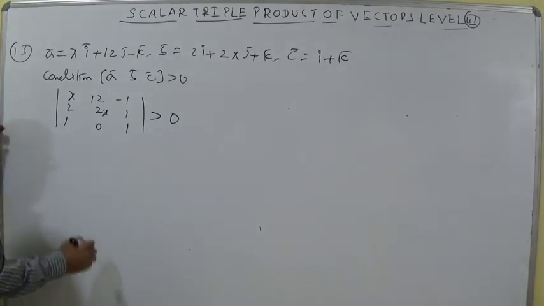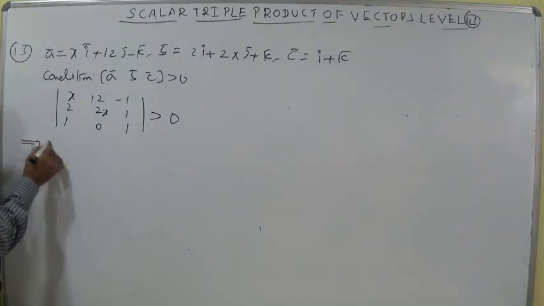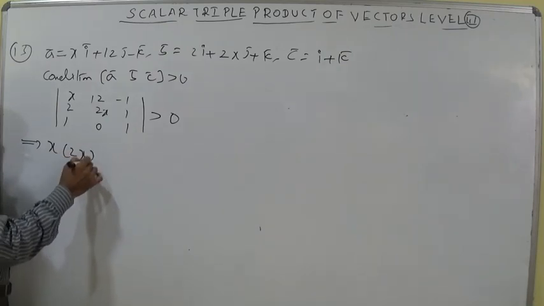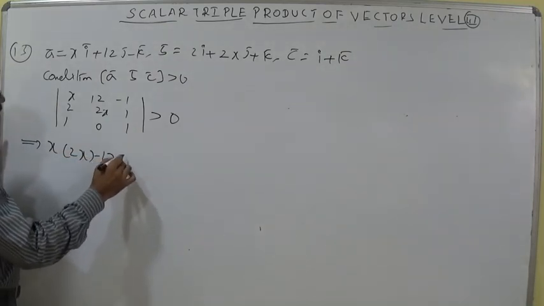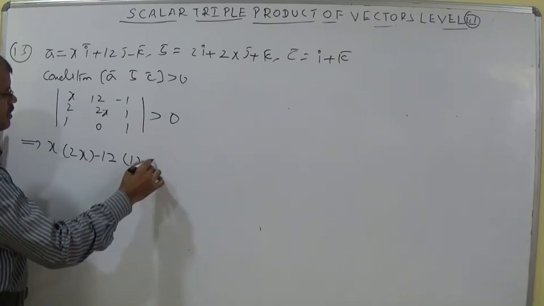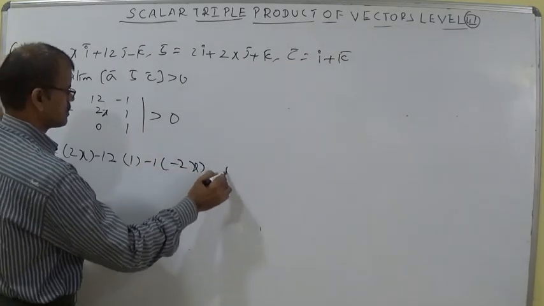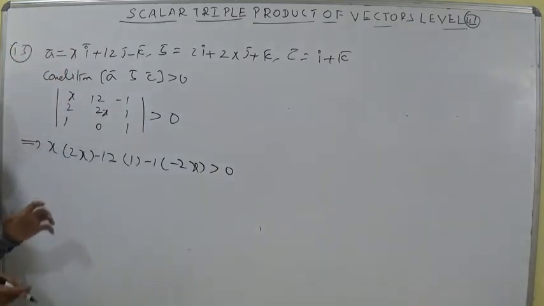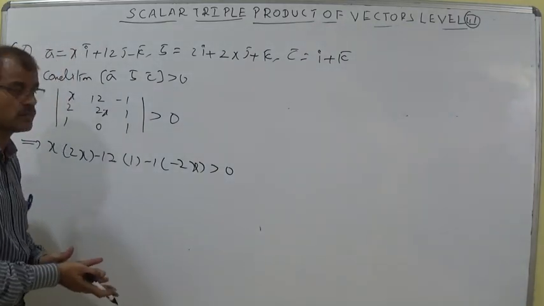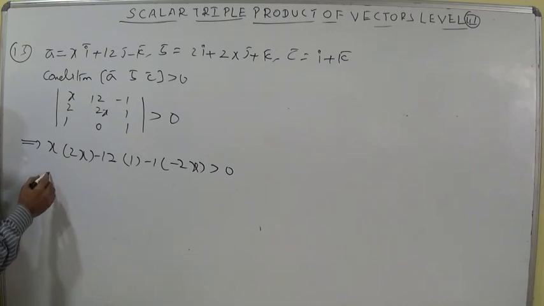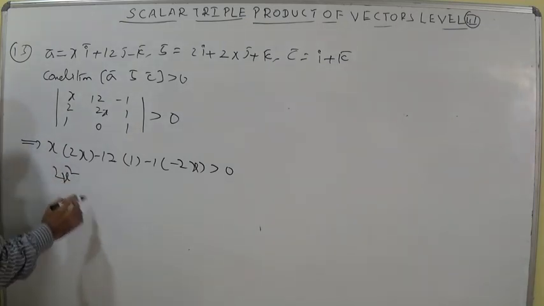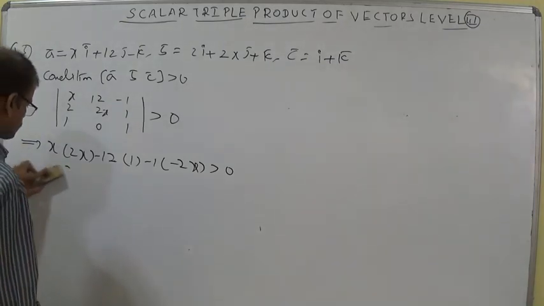While calculating the determinant: x into 2x minus 12 into 2 minus 1, minus 1 into 0 minus 2x, this is minus 2x, greater than 0. Whenever it is given as a left-handed system, box ABC is less than 0. Now this is 2x square.